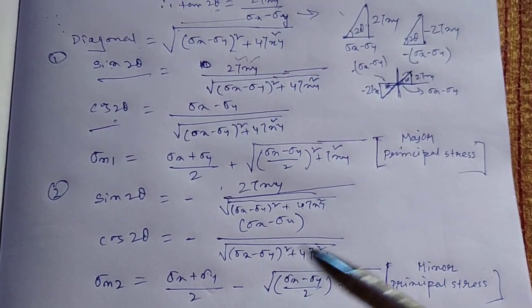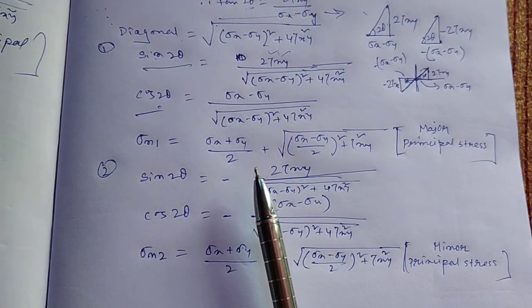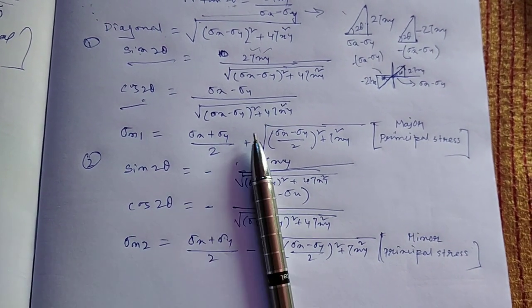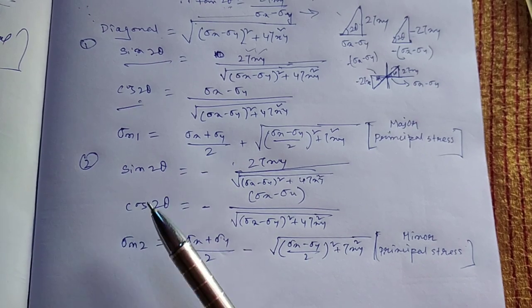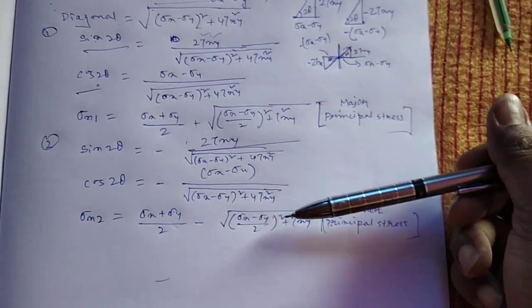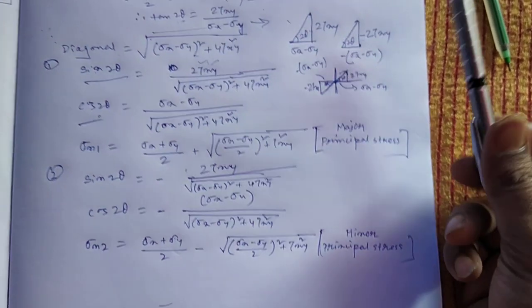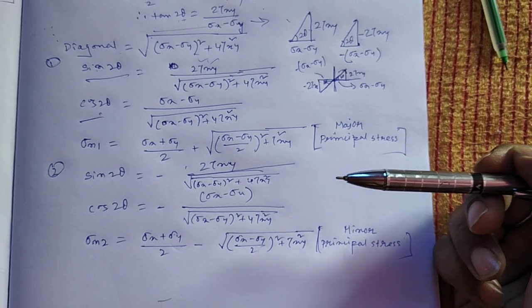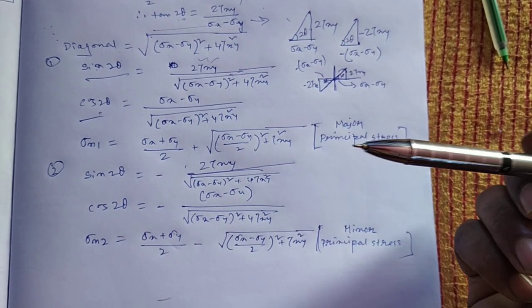Now we can see there are two cases where the shear stress will be equal to 0, and we will be getting the maximum value of normal stress and the minimum value of normal stress. So understand this: in a principal plane we get the maximum and the minimum normal stress.